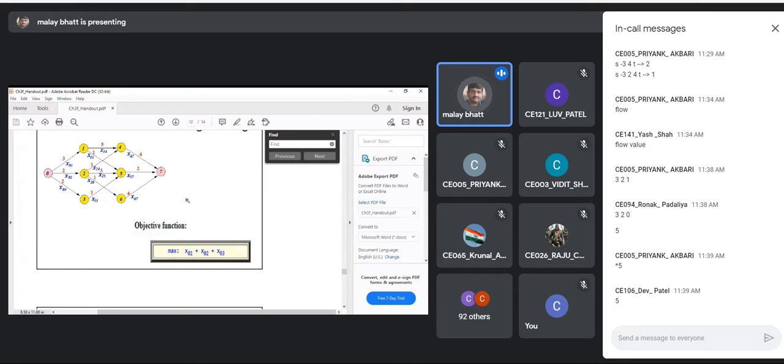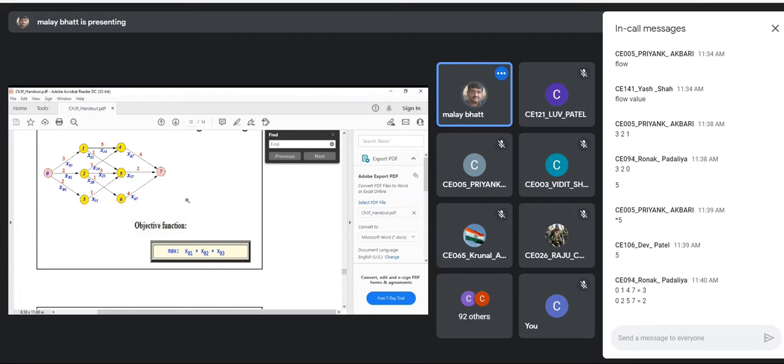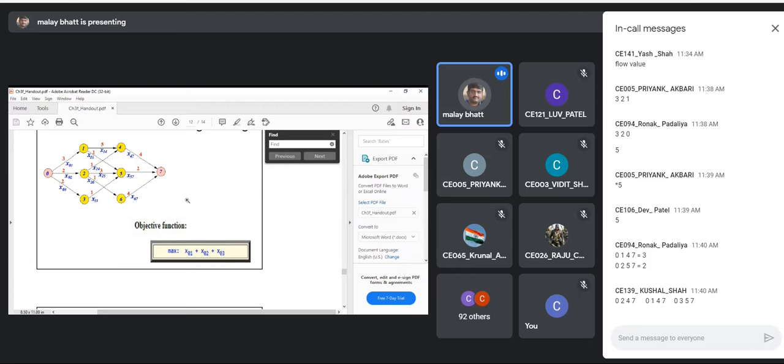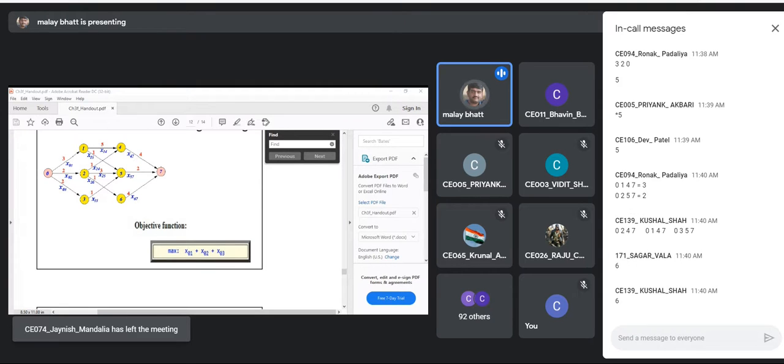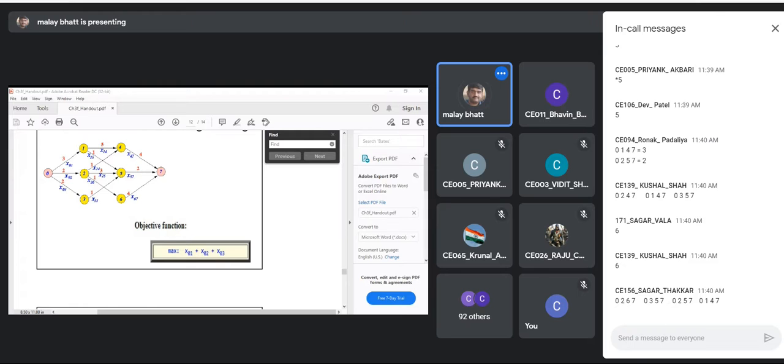Because from 0, 1, 4, 7, you will get 3. Right? 0, 1, 4, 7 will give you 3. Then 0, 2, 4, 7 will give you 1. Then 0, 2, 3, 7.